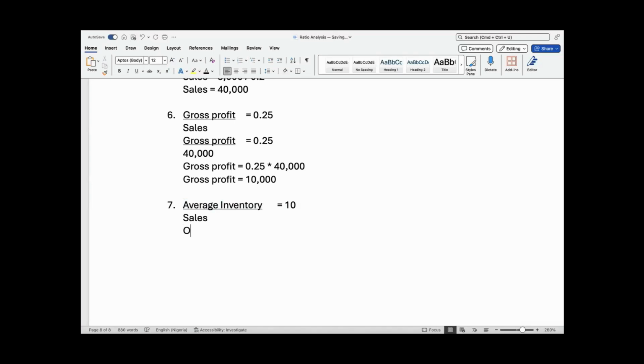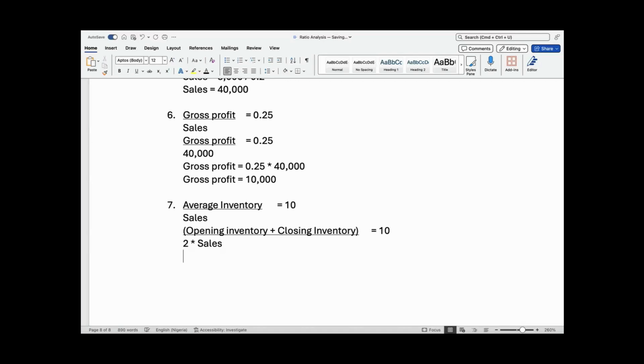So my average inventory is my opening inventory plus my closing inventory divided by 2. We're good with mathematics. That divided by 2 automatically comes under here, and sales is also there, equal to 10.